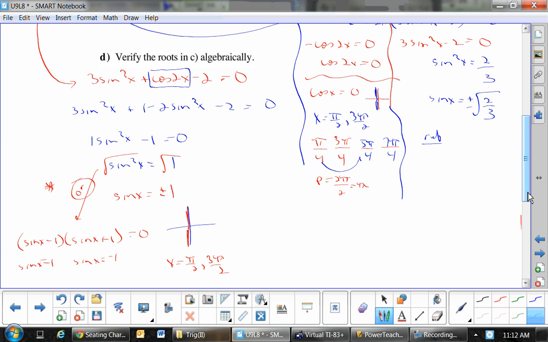What did you get? So reference angle 0.95. It's almost 1 radian. Now, where is sine positive and negative? In all 4 quadrants. So we're like there, there, there, and there.